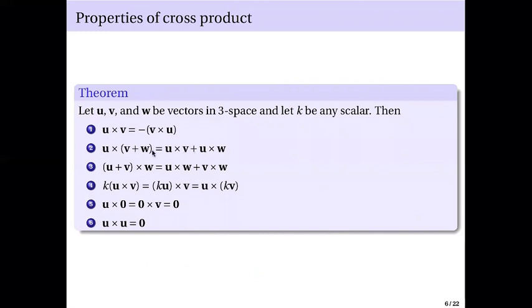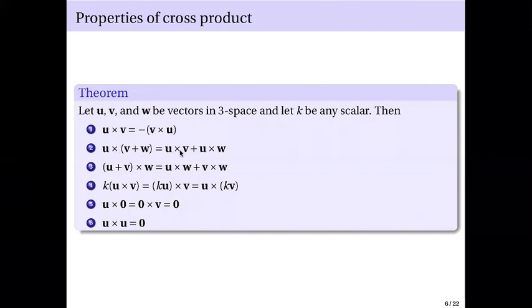For the second one, we have the distributive property. U cross V plus W is equal to U cross V plus U cross W. Take note, U is on the left factor, so when you distribute it, your U must remain on the left factor.